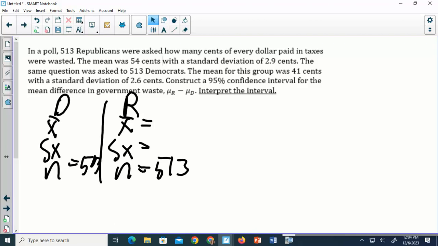In a poll, 513 Republicans were asked how many cents of each dollar paid in taxes were wasted. The mean was 54 cents with a standard deviation of 2.9 cents.